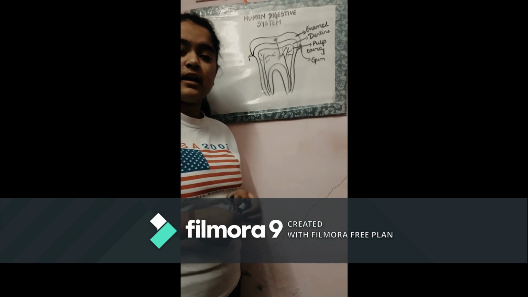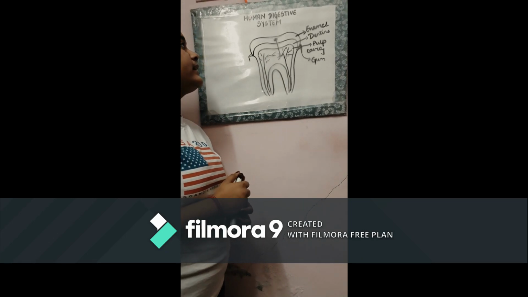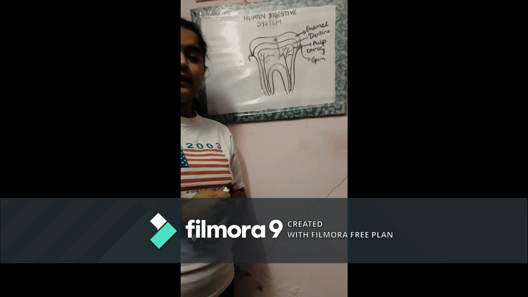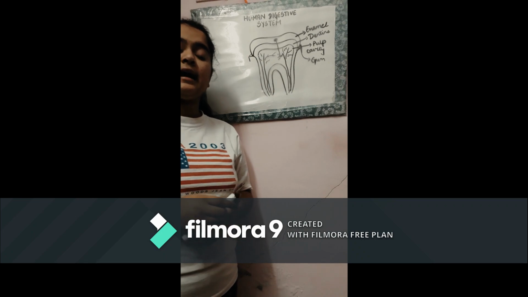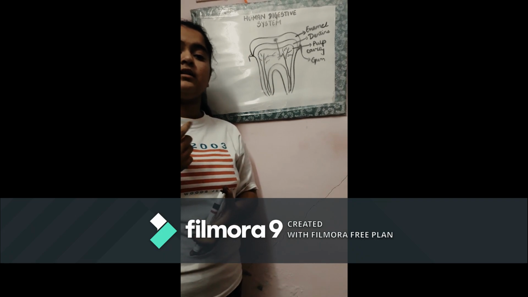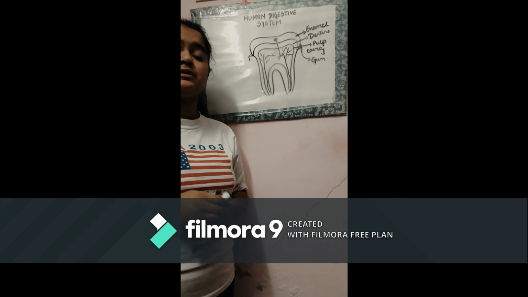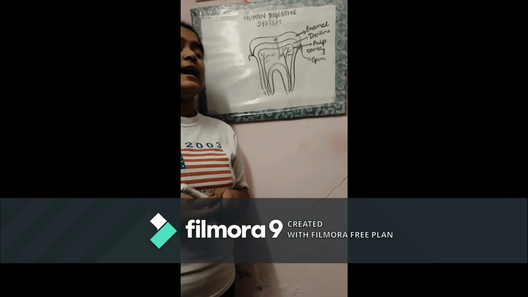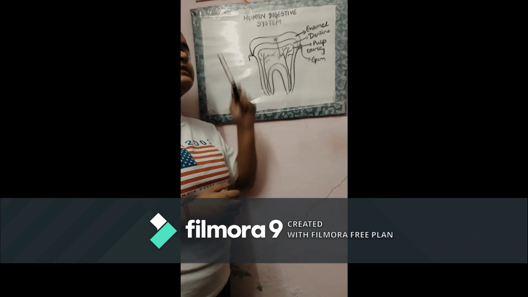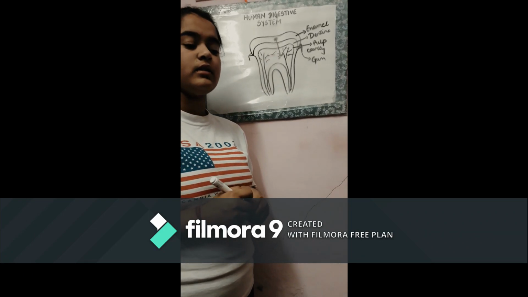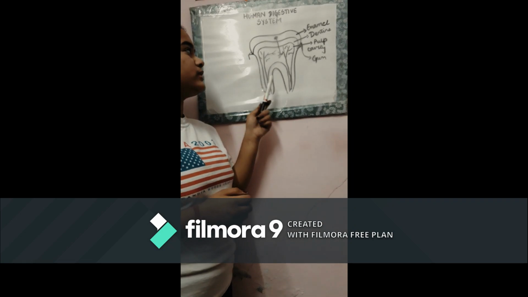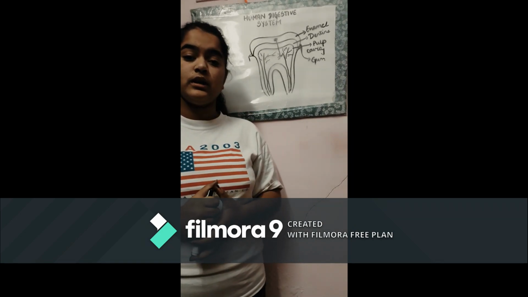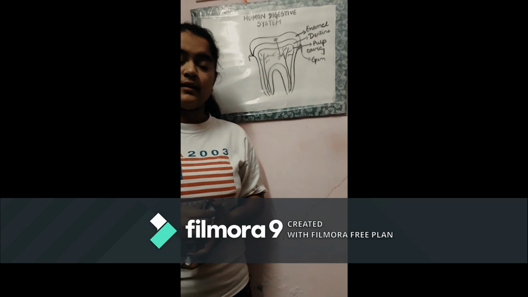If we eat too many sweets, then the bacteria will act upon the sugary particles left on our teeth and produce acid, and the calcium of the teeth will dissolve with it and it will start to decay the teeth. This is known as dental caries. We must clean our teeth regularly, twice a day.